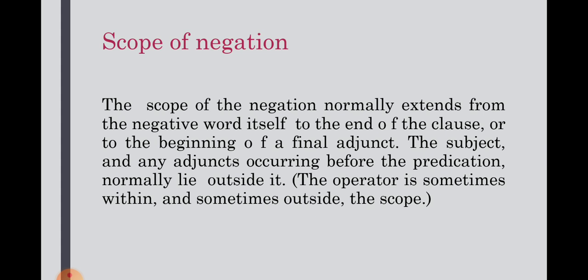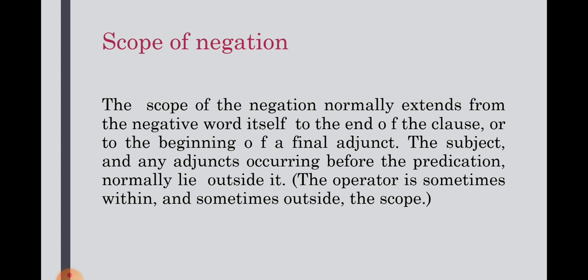The scope of negation normally extends from the negative word itself to the end of the clause or the beginning of a final adjunct. The subject and any adjuncts occurring before the predication normally lie outside it. The operator is sometimes within and sometimes outside the scope.